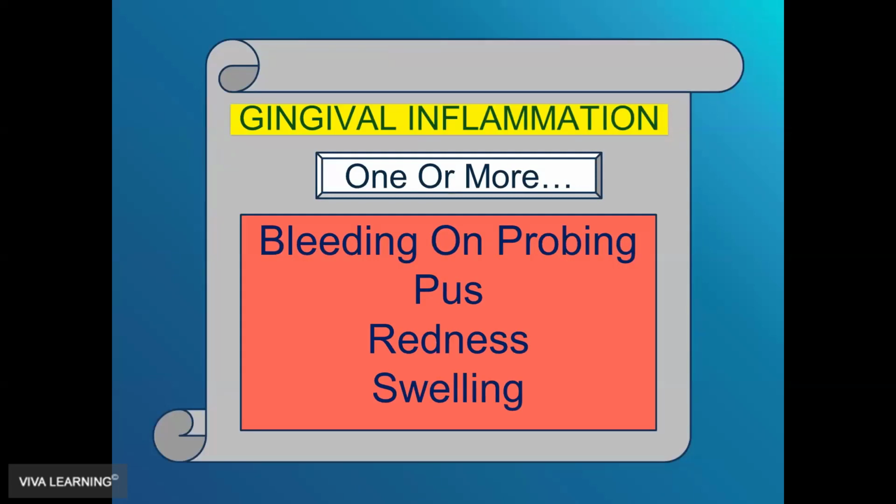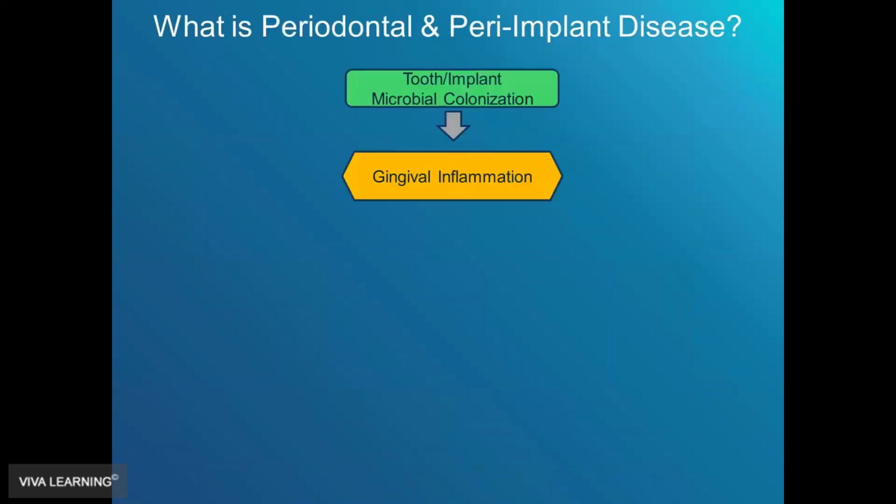Bleeding on probing is interesting in that one site that has bleeding on probing at one visit could be trauma from the probing. Whereas what we see statistically is if the same site repeatedly bleeds on probing, then we have a very high correlation with inflammation and risk for attachment loss. Pus is actually kind of the opposite in that every site that is infected will not necessarily exhibit pus, but if you see pus, that 100% means it's infected.